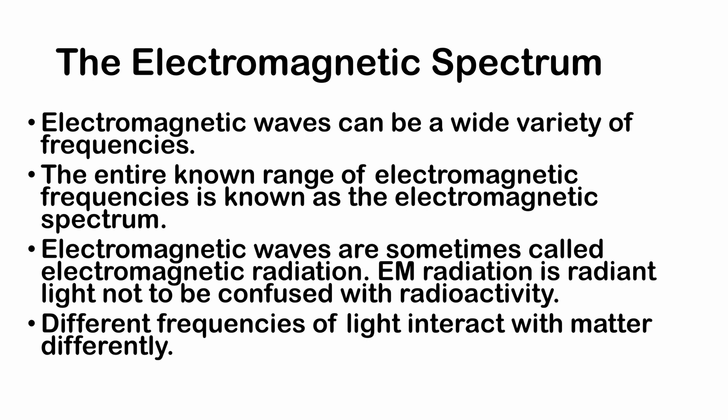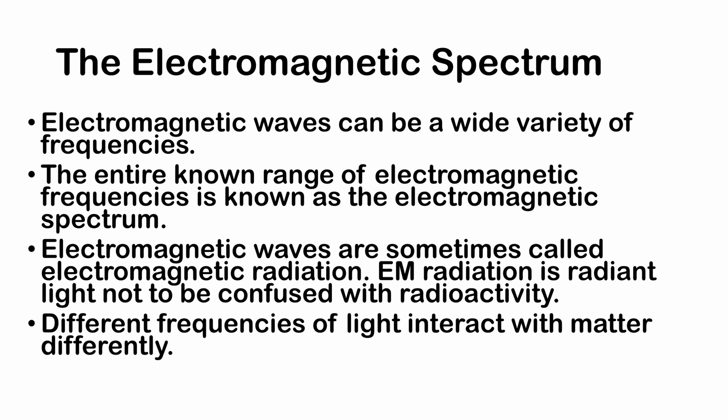So like we said, the electromagnetic spectrum, the waves can have a wide variety of frequencies. That's what gives us different kinds of light. We believe that we know the entire range of the electromagnetic spectrum, which would be all the frequencies. And again, just to reiterate, electromagnetic waves are sometimes called electromagnetic radiation.